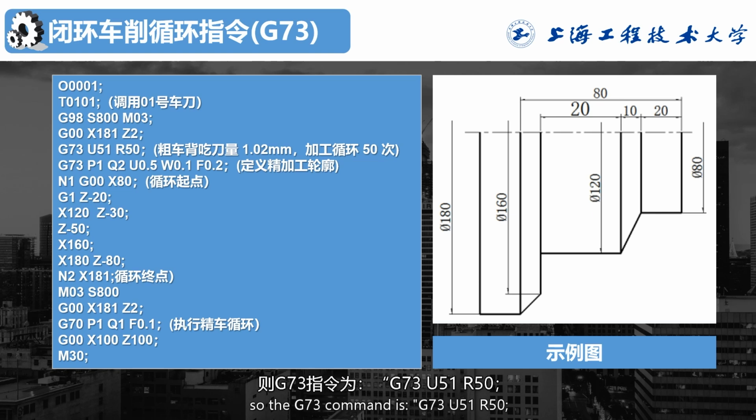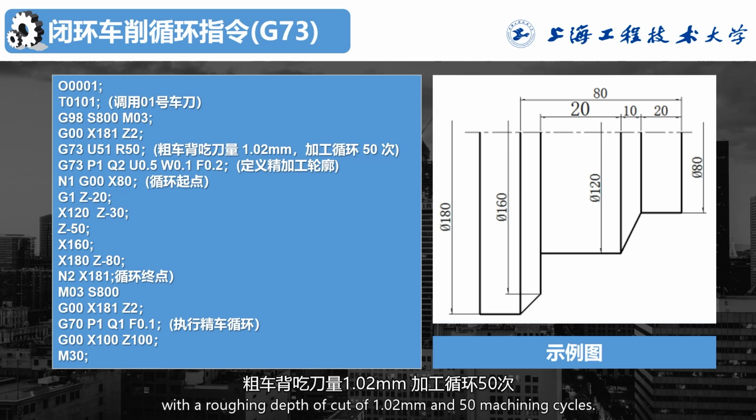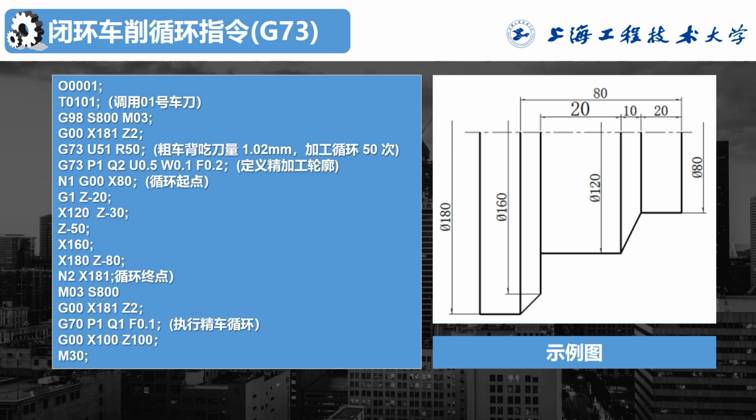So the G73 command is G73 U51 R50, G73 P1 Q2 U0.5 W0.1 F0.2 with a roughing depth of cut of 1.02 mm and 15 machining cycles.